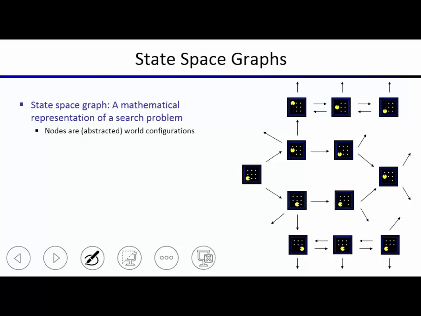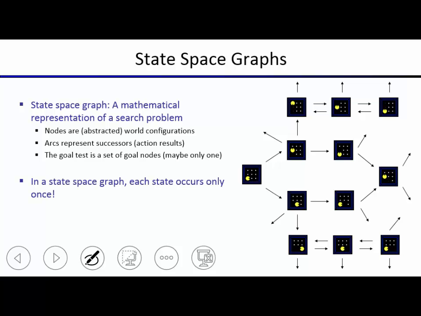Okay? These can still be abstractions of what's really happening in the world. They are whatever you're going to use in your search problem as your state. Arcs are successor functions, effectively, or correspond to them. And the goal test corresponds to a set of nodes in this graph that are goal states.